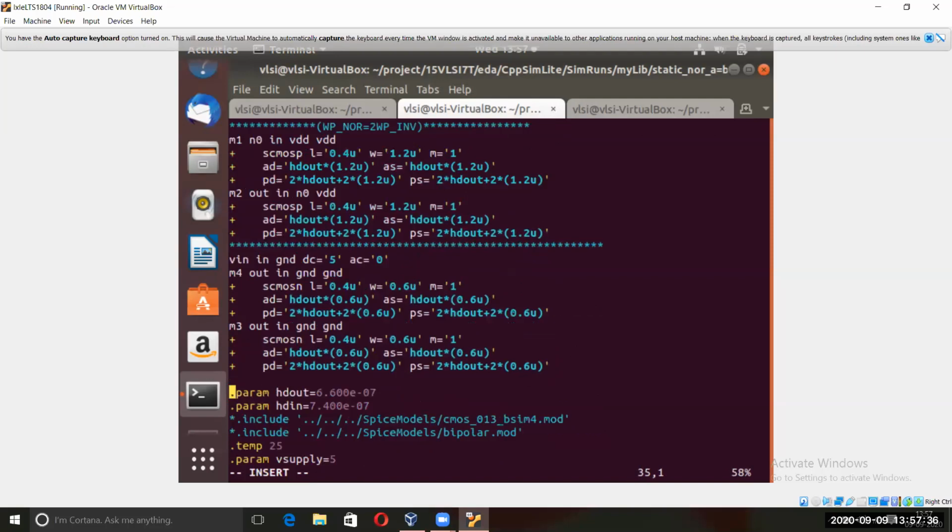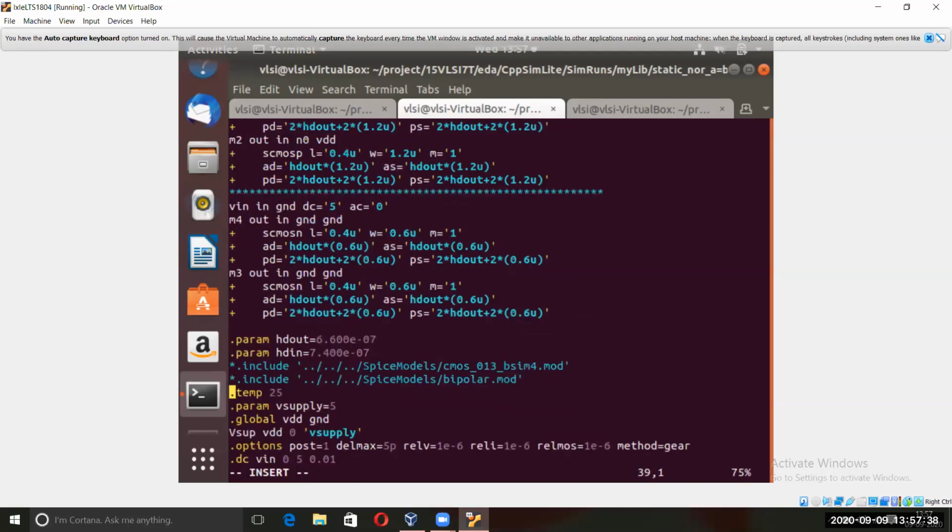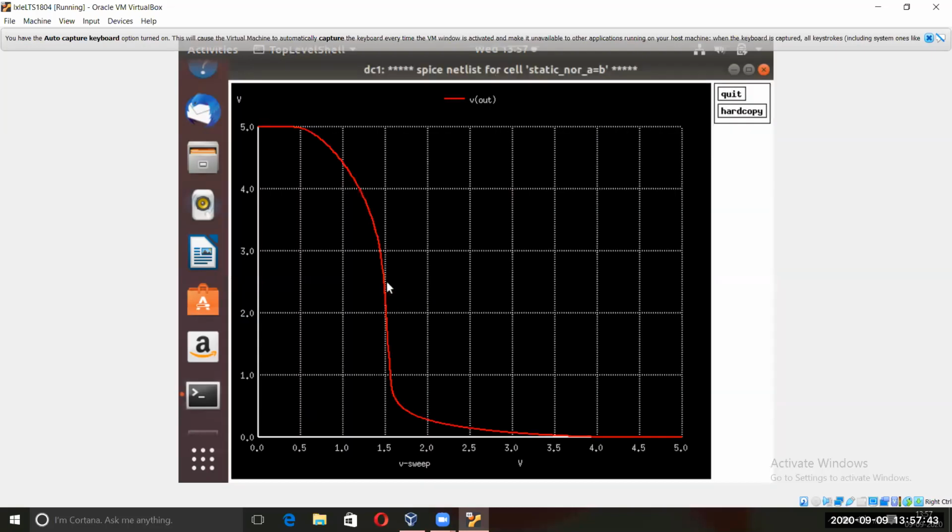So do you see a change in the shape of the graph?